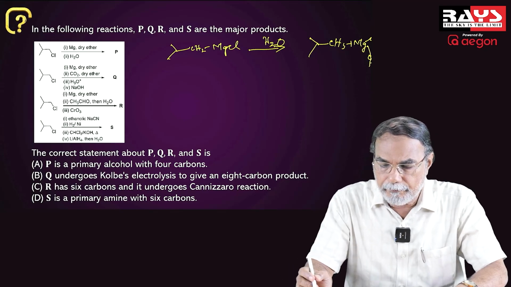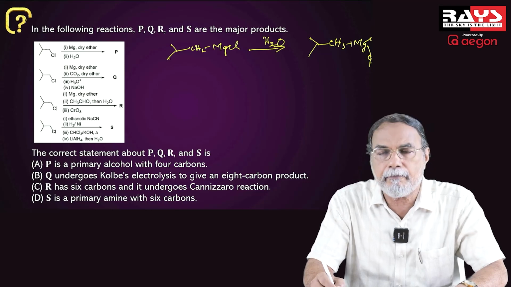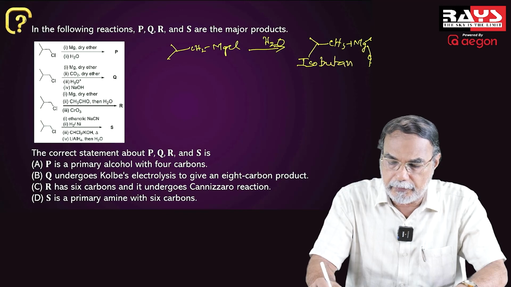So the product P of the reaction is this compound CH3CH(CH3)CH3. So that's a compound that is isobutane. That is the compound P.